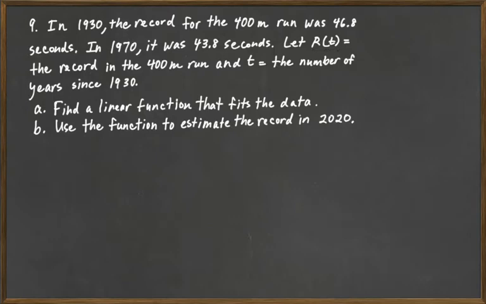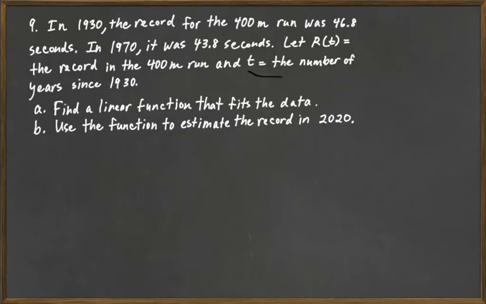So basically what we have here is two data points. We're trying to write a linear function. Well, we know that a line goes through 2 points, or we can use 2 points to find the equation of a line. And in fact, we have 2 data points here. The first one, let's see, it says in 1930, the record was 46.8.